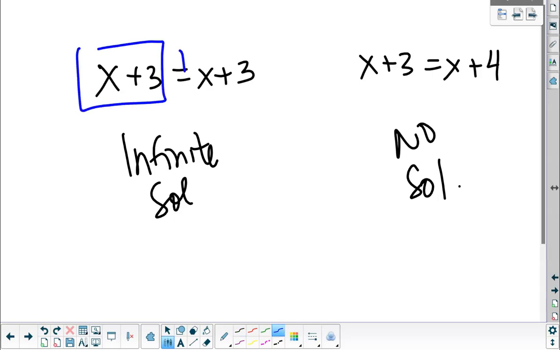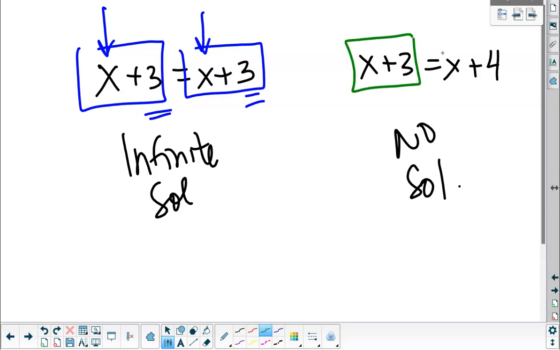In infinite solutions, your left and right sides are a perfect match. Your variables are the same, and your constants are the same. But in no solutions, your left and right sides are not a perfect match. You have the same variables, but you have different constants. So that's what we're going to be working on in this lesson today.